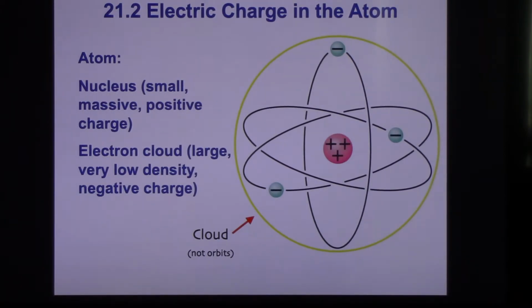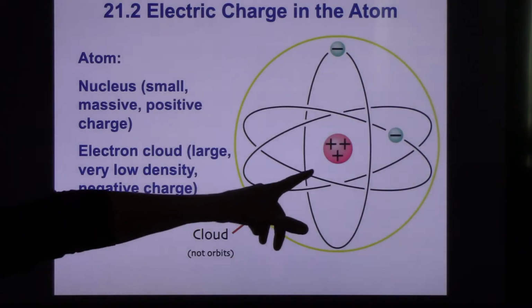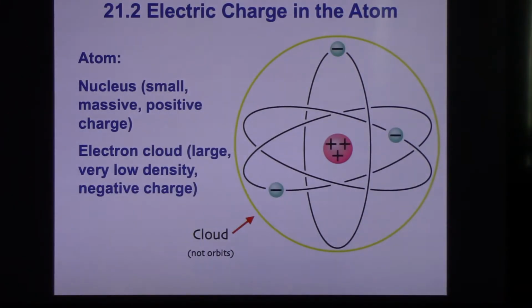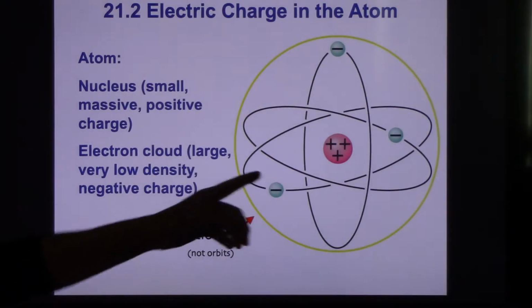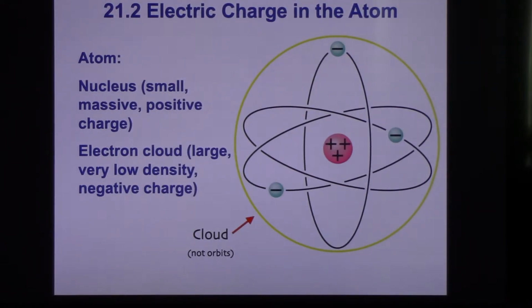So atoms and molecules are kind of interesting because we think of a nucleus as a point object. And since we're starting to look at electric charge, we're going to think of the nucleus as what we call a point charge. It's both a point mass and a point charge.